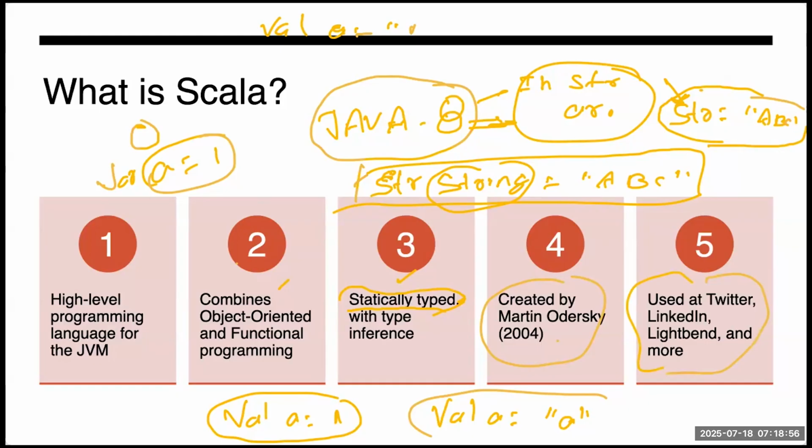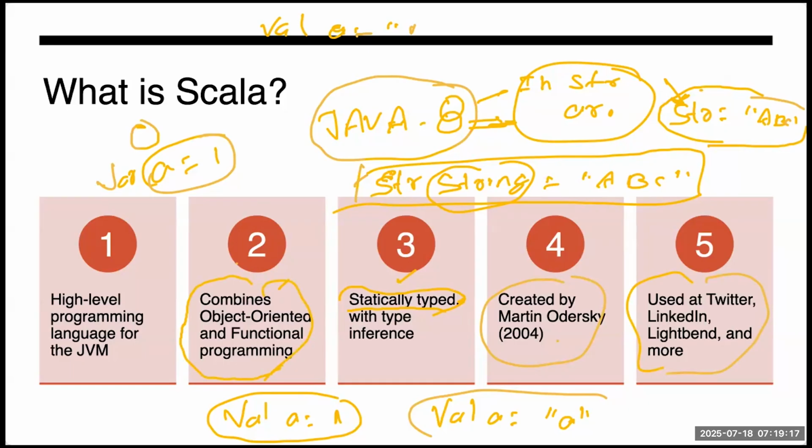As I told you, a couple more important things: Scala is designed for both functional as well as object oriented programming. And we call Scala functional programming. Why? Because function is the first class citizen.